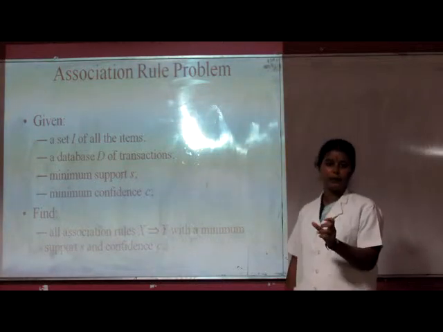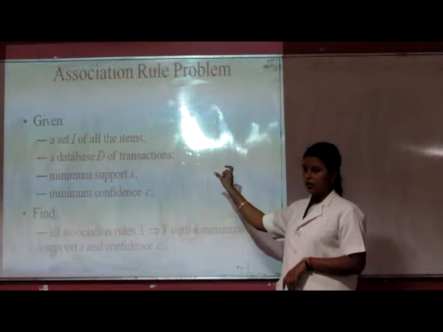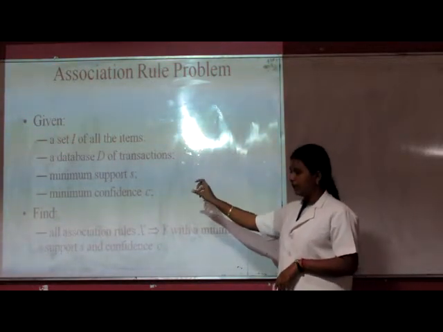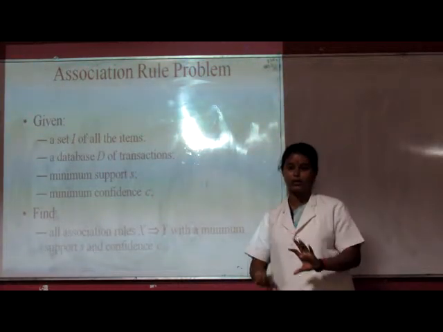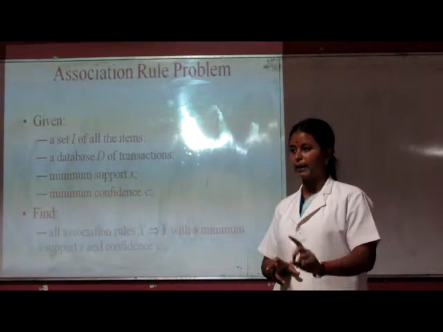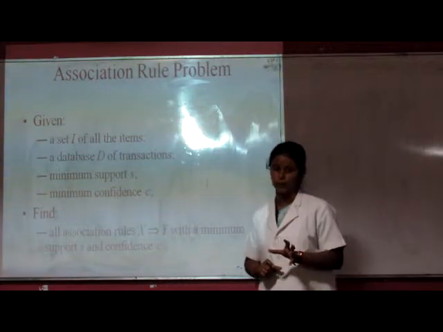For a given problem, we have to take the set of items, how many transactions have been taken, the database, and then the minimum support. For example, in a company, to yield a profit I want to sell at least 10 items per day, so I fix that as the minimum support.